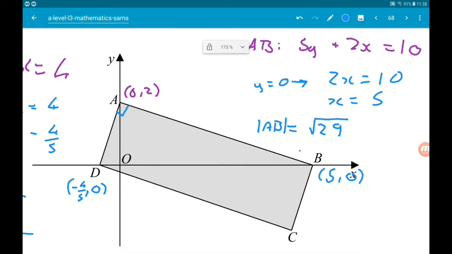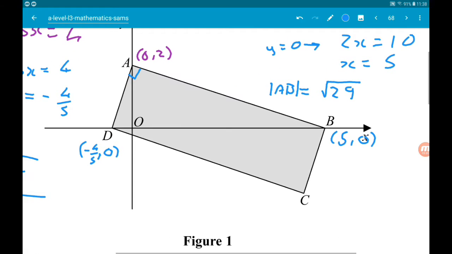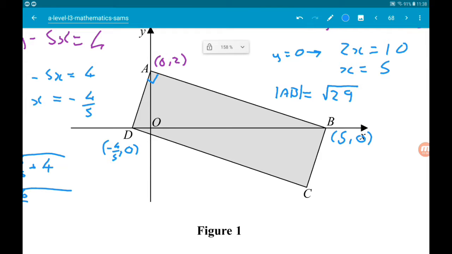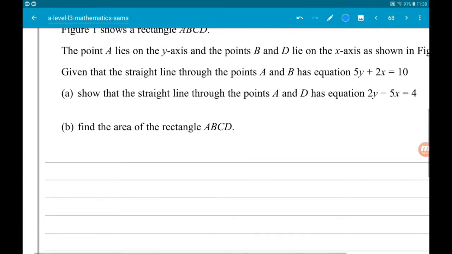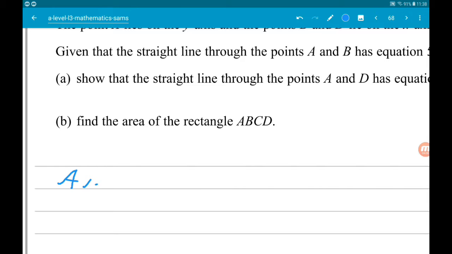So then the area of the triangle, the area of the rectangle, I know my shapes. So the area, go down here, is root 116 over 25, times root 29.